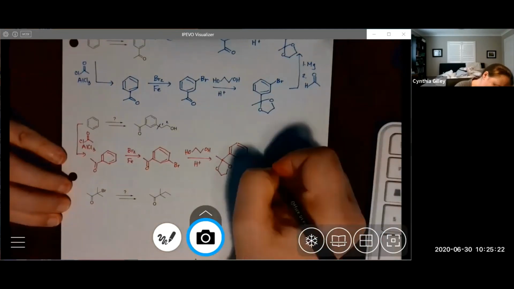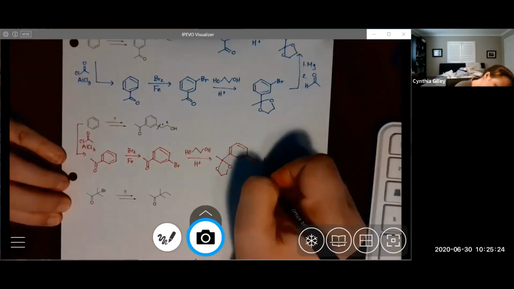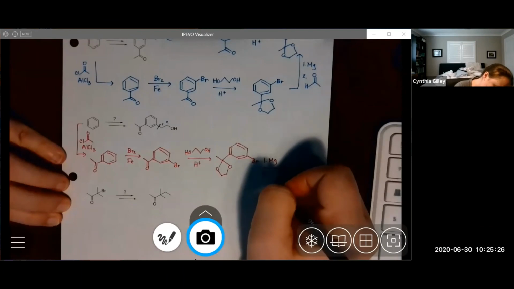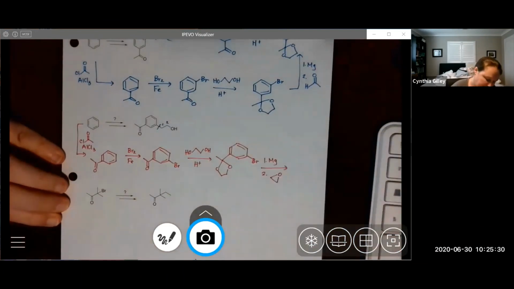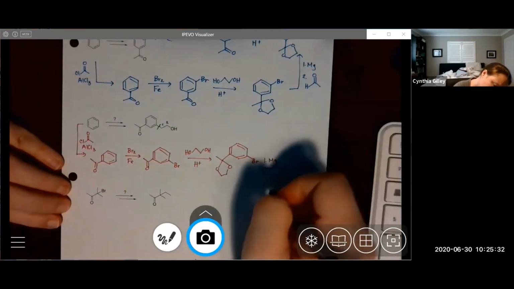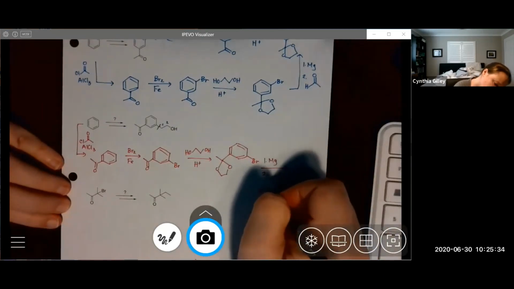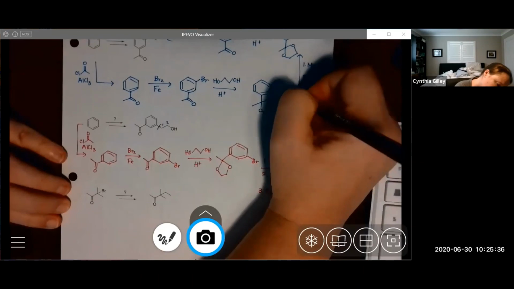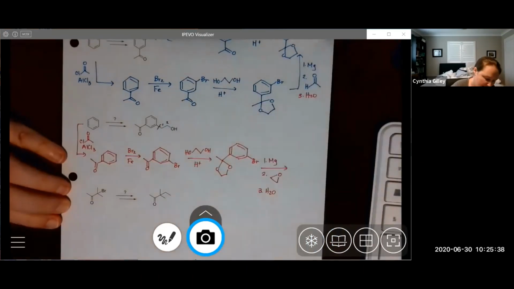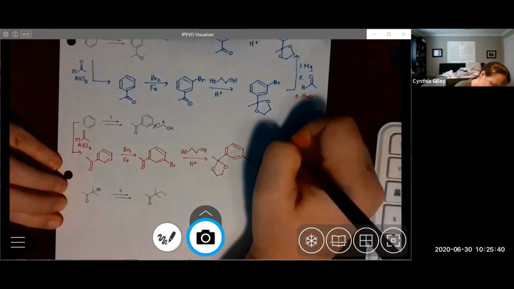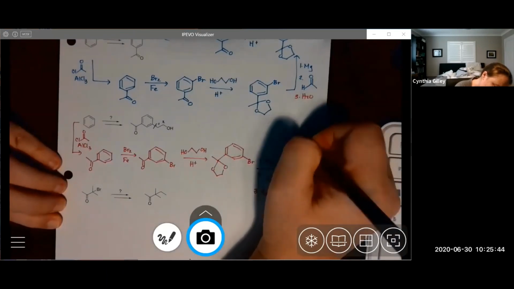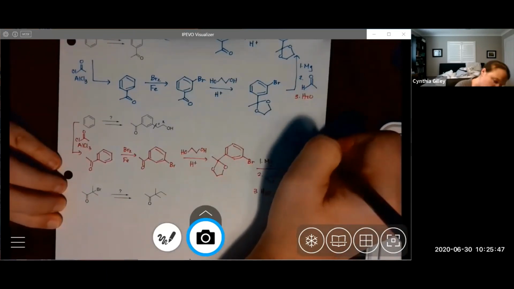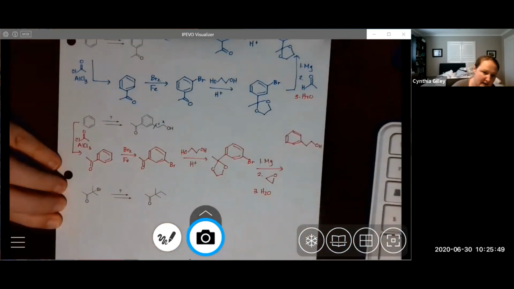So now that we have it protected, now it's a good time to do the Grignard reaction. Again, I'm going to use the epoxide instead. Okay, and at that point, that group installed nicely.